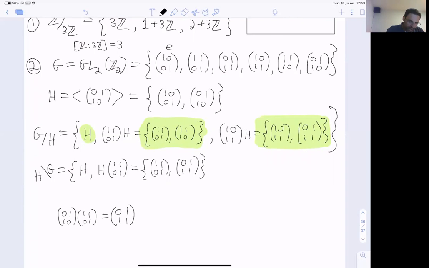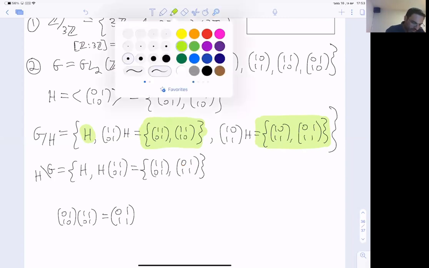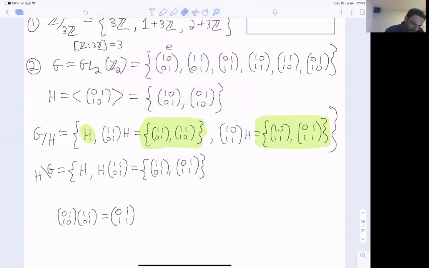Okay? And what do I see? I see an element here that wasn't here. I don't have this element. Let me color it in another way. We didn't have these cosets before.